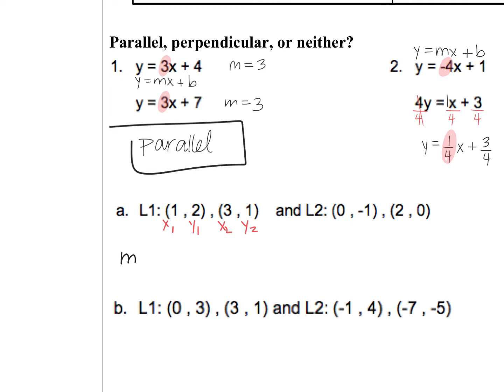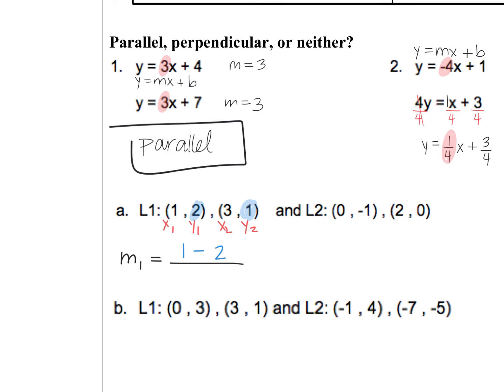So I would do on the top of this, so this is my slope of L1, okay? Or if you want to say slope 1. I would do on the top y2 minus y1, so 1 minus 2. Or maybe I should color code for you. I'll write it again, so 1 second. 1 minus 2.